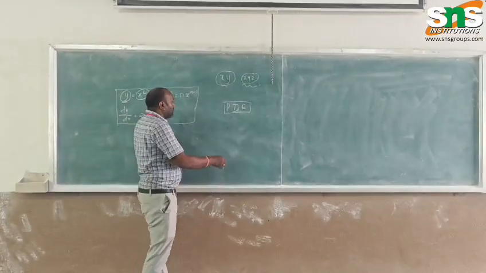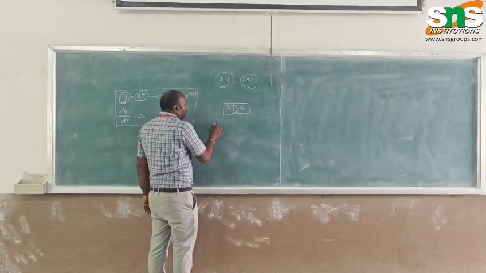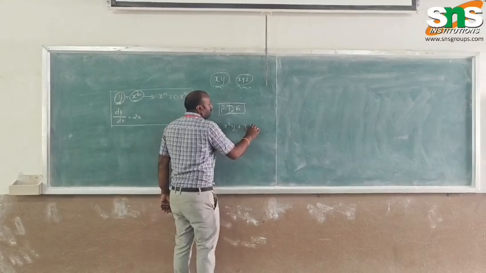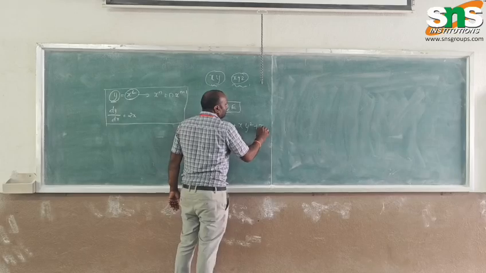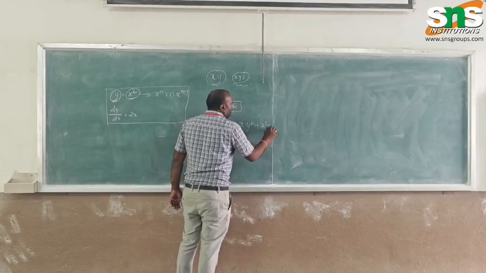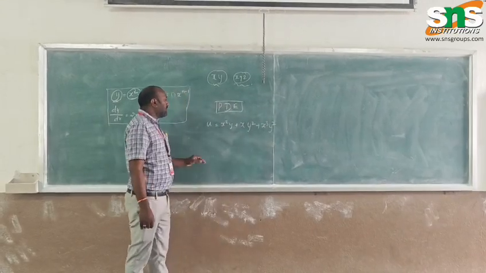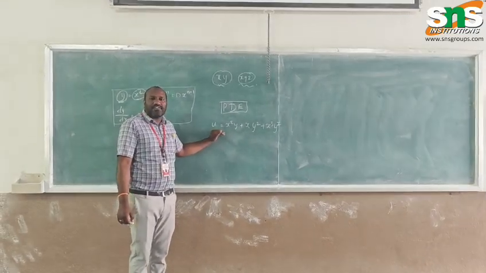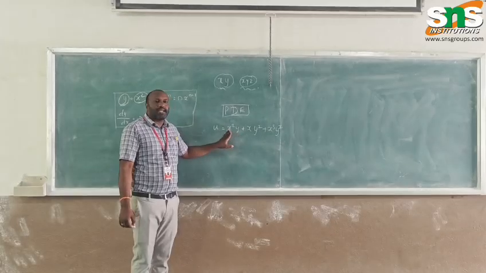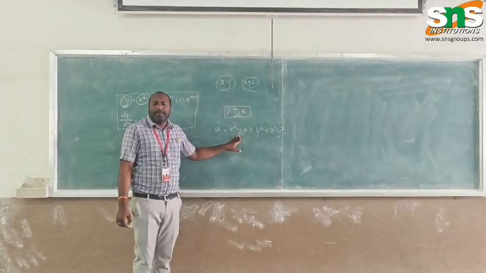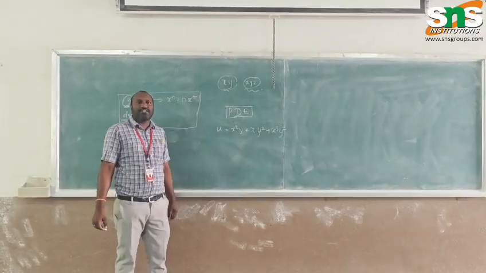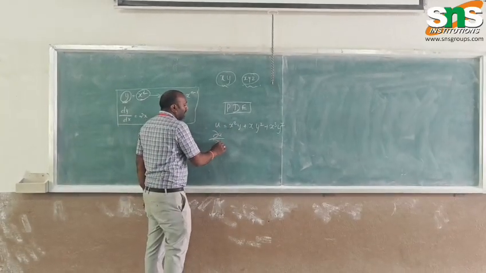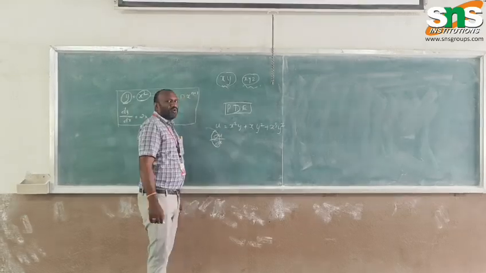For example, u is equal to x square y plus x y square plus x cube y square. In the ordinary differential equation, we use x and y both as variables. But in the partial differential equation, we use dou u by dou x. We use the symbol of dou.